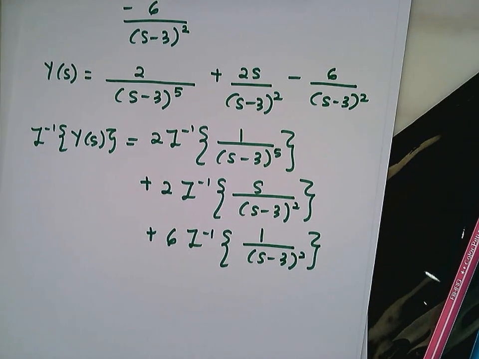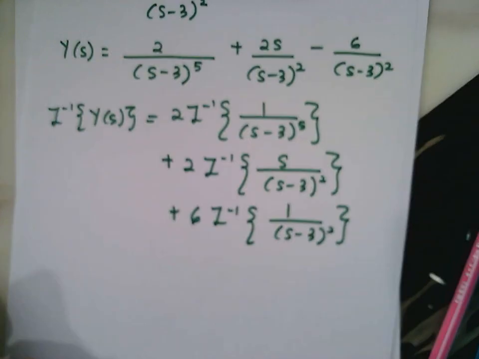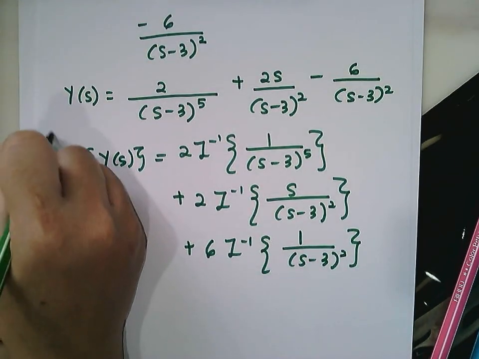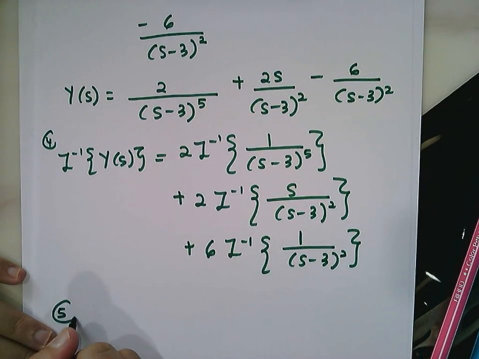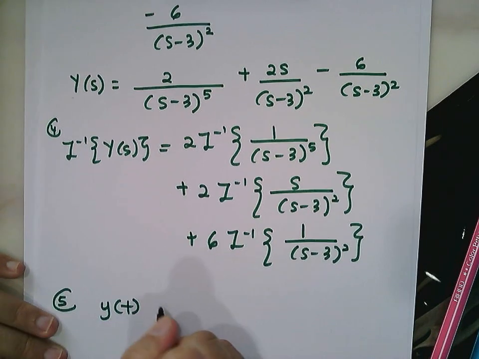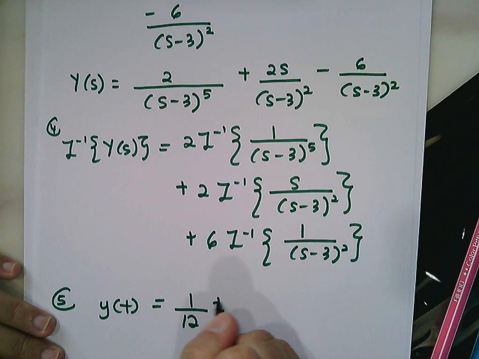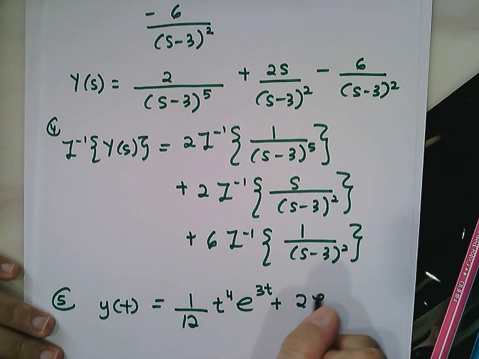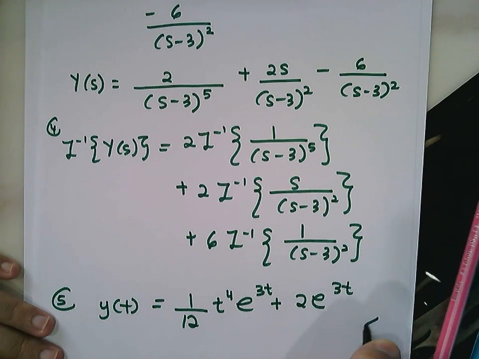So that your last answer will be, this is step 4. So step 5, your yt should be 1 over 12 t to the power 4 e to the power 3t plus 2 e to the power 3t.